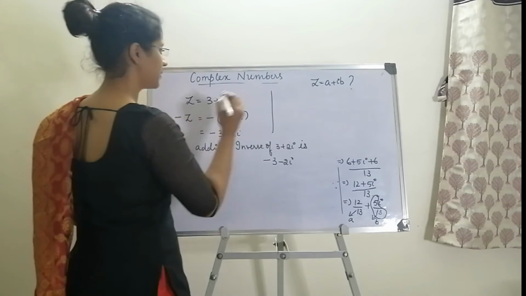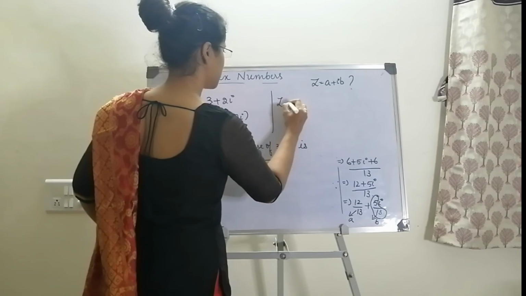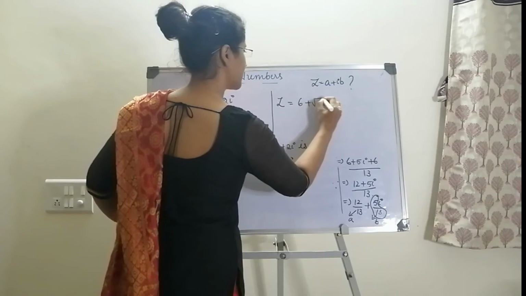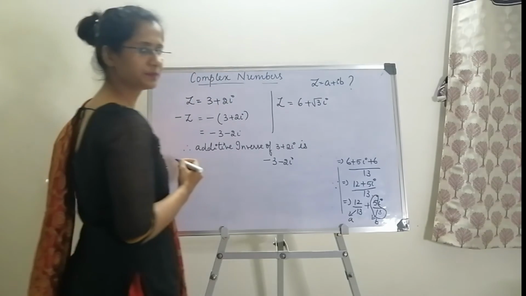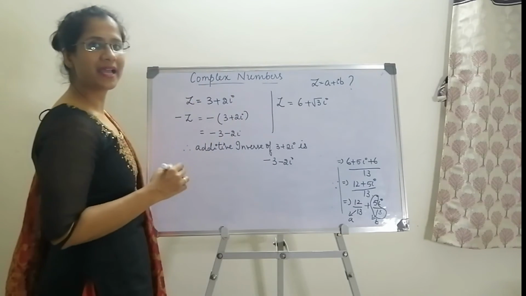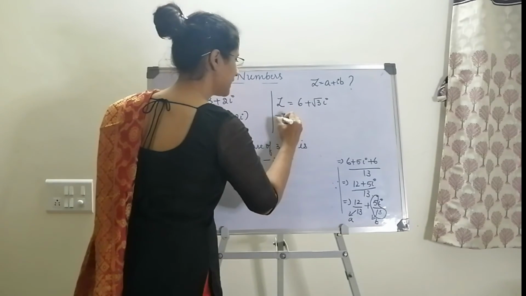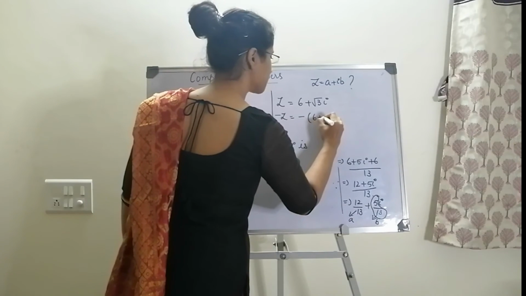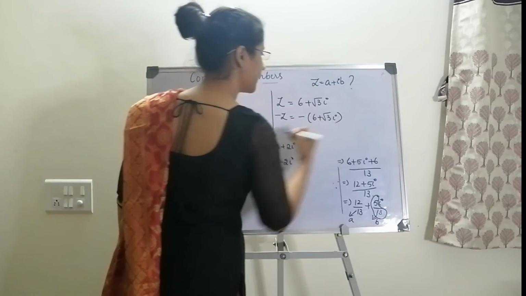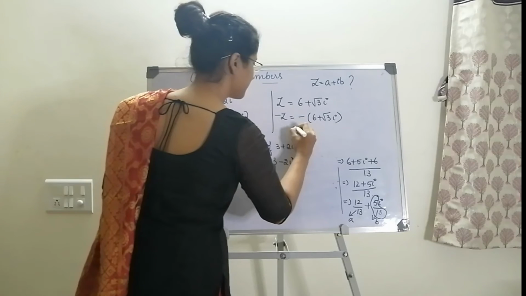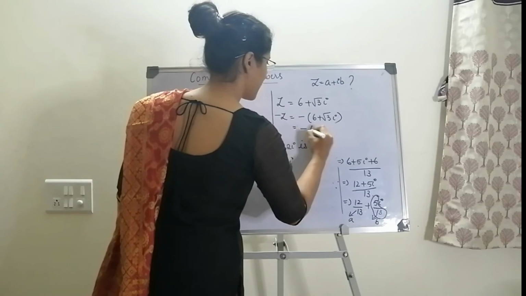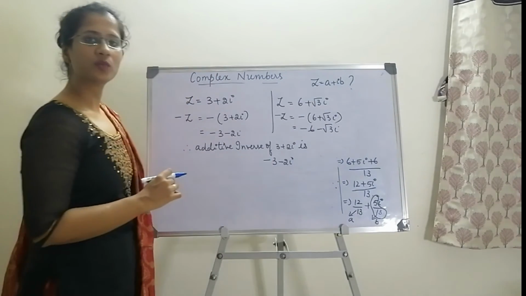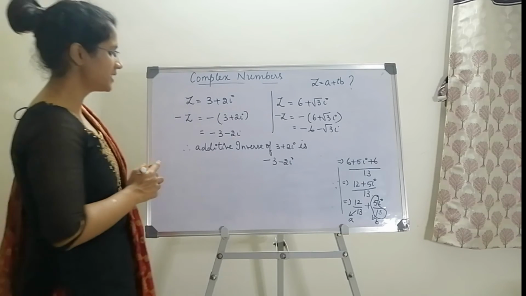Similarly, one more example. For example, if I have z is equal to 6 plus square root of 3i, what will be my additive inverse? Minus z, which is equal to minus of 6 plus square root of 3i. This can be further written as minus 6 minus square root of 3i. So what would be my concluding statement?